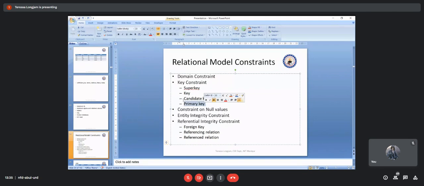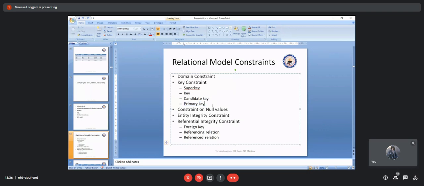As a database designer, we will make it the key for that particular relation, and that will become the primary key. So we can have super key and candidate keys, but we have to select only one candidate key, and that candidate key we make the primary key.